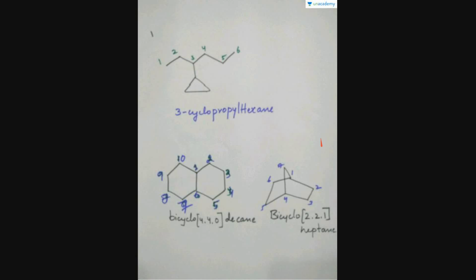So let's take this compound. Overall we have how many carbon atoms? 1, 2, 3, 4, 5, 6, 7. So it is heptane. So we give the prefix bicyclo. And in this bridge we have 2, in this bridge we have 2, and here we have 1. So it becomes bicyclo 2.2.1 heptane.